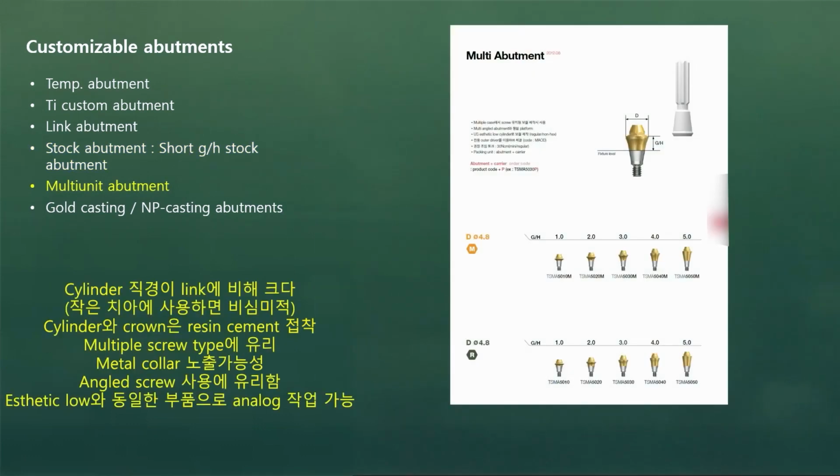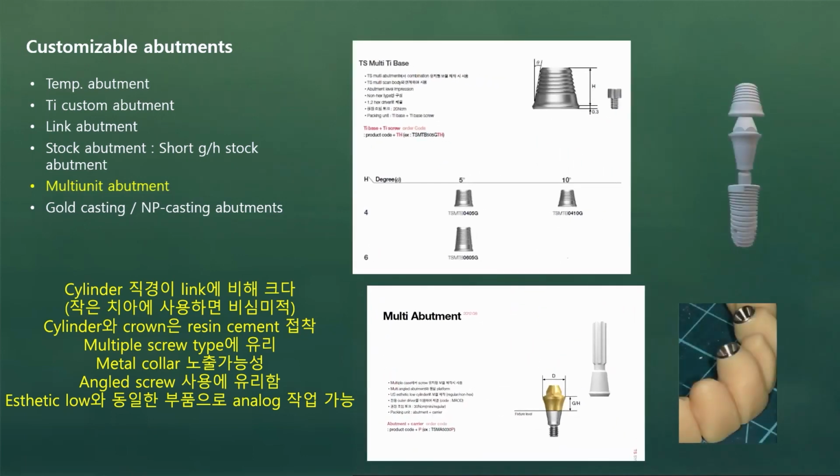Now, multi-unit abutment, and for this multi-unit abutment, in the connected fixture, it's as if it's turned into an external one. Its diameter starts from 4.8, so compared to link abutment and stock abutment, it starts off a bit thicker. On top of that, the metal cylinder is there, and it also comes with thickness.